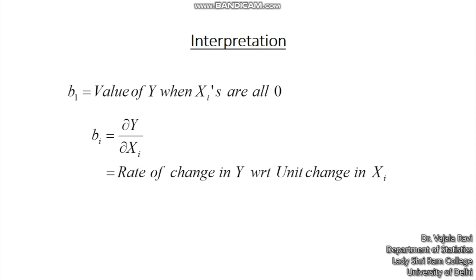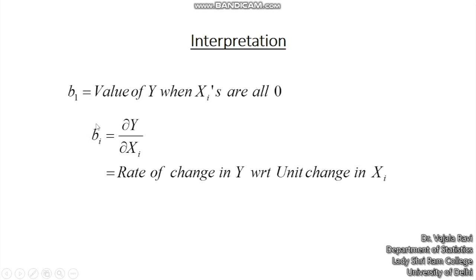Like last time I spoke about age, and age could not be 0, so we are forcing the regression line to move towards the 0 axis, and therefore misleading conclusions are liable to be drawn from such forcible pulling of the regression line towards that 0 value.